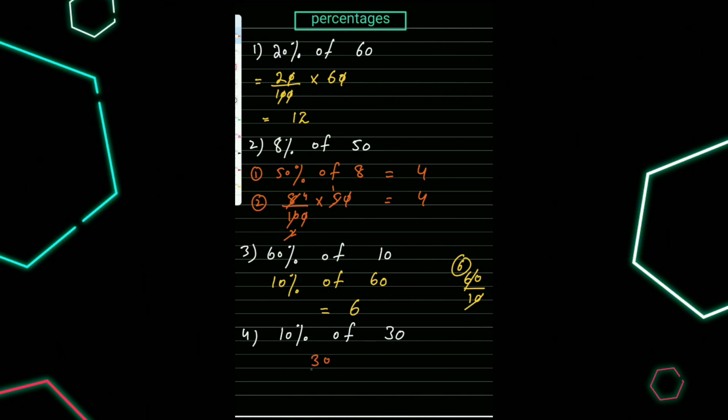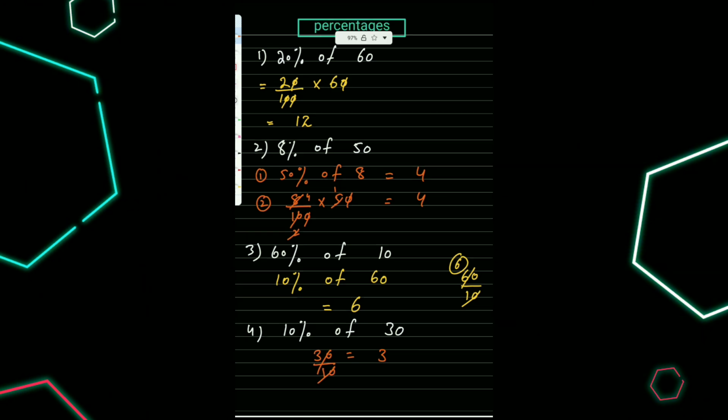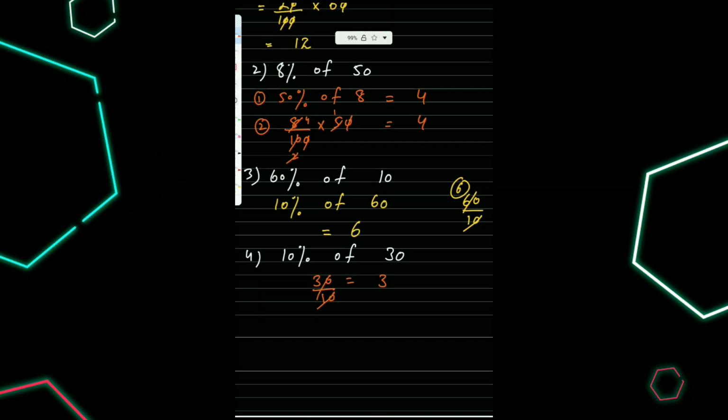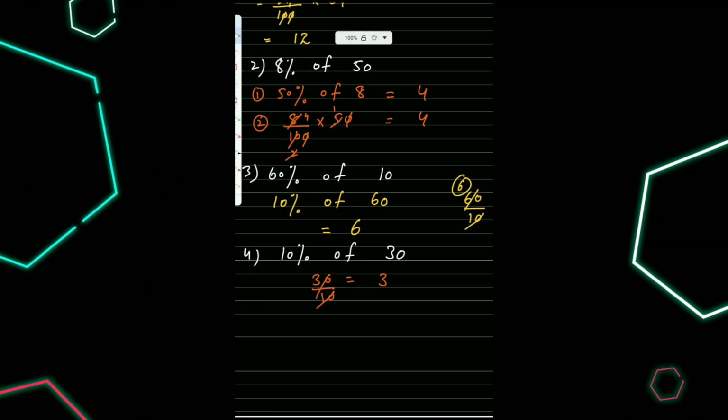So 30 will be divided by 10. 10 3s are 30. 3 will be your answer. You can also use that common method. There is no harm in using that method, but you should know how to find the percentage with, you can say, a shortcut or mentally. So it will save your time.